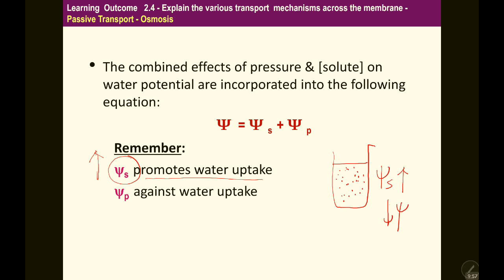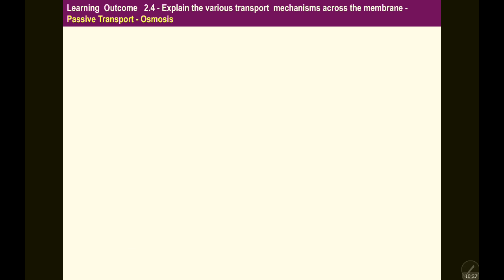So therefore, it will promote water uptake if they are separated by the semi-permeable membrane. So the water will move into this region. While pressure potential will work against the water uptake. Later I'll explain what the pressure potential means here. If the pressure potential is higher, less water will be taken up into this region.